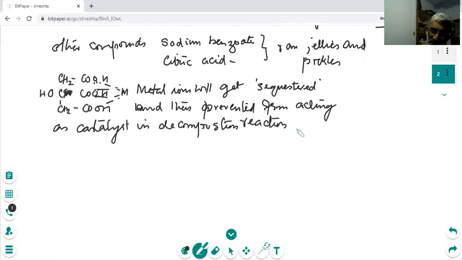So that is the role of citric acid. Okay. Then we have another compound which is potassium metabisulfite.